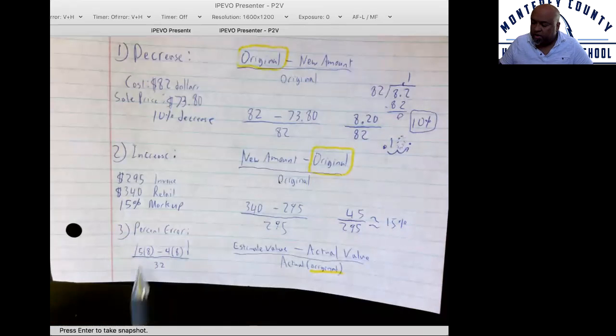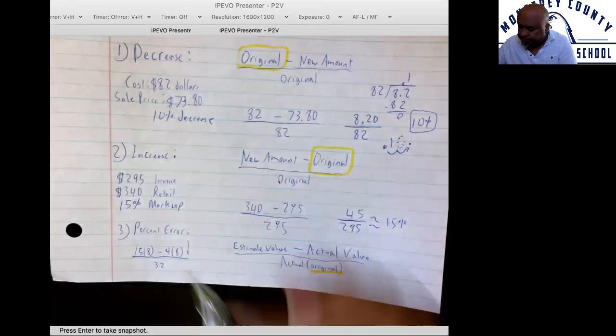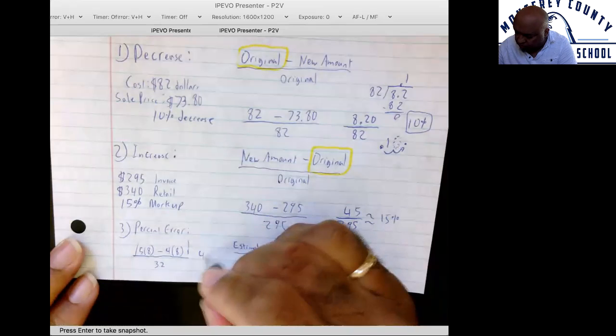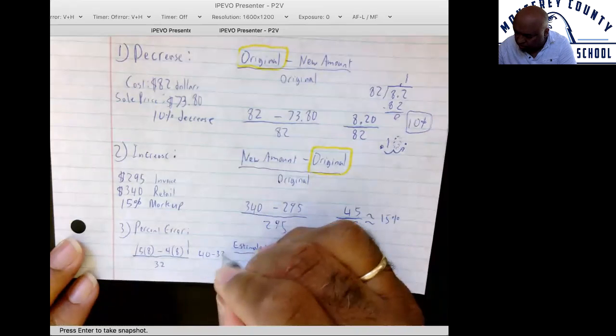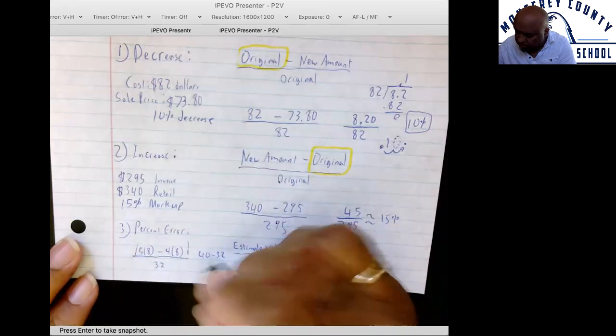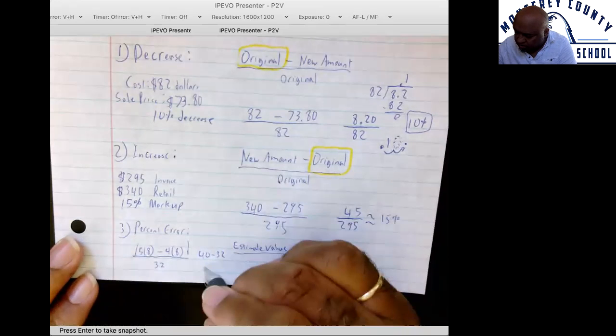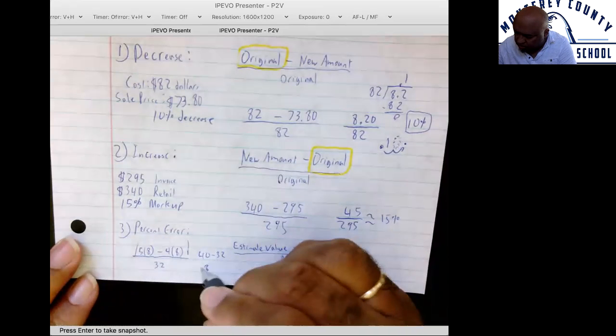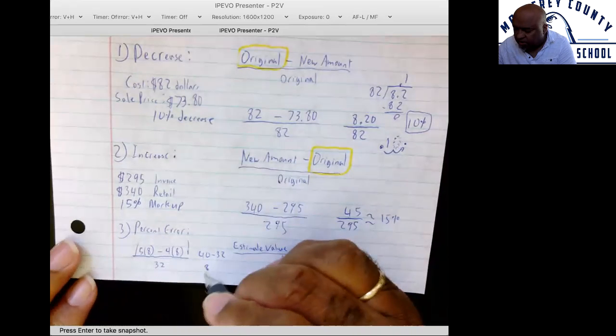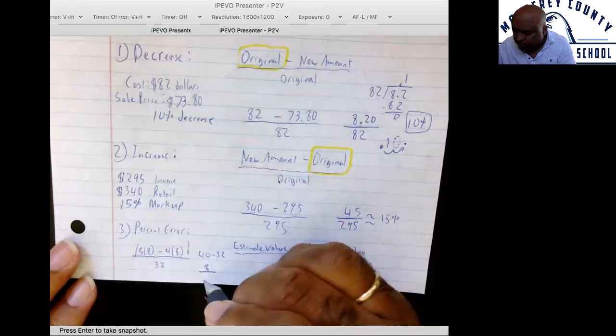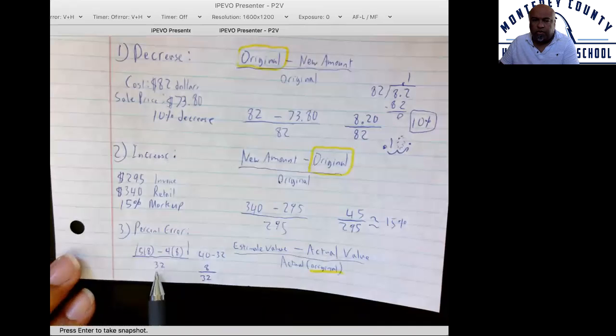So 5 times 8 is 40, and 4 times 8 is 32. So I have 40 minus 32, which is 8. Okay, so that would be 8. And the absolute value of 8 is 8, meaning that it's written as a positive. Now, the value down here, 32, is just the actual value, which is 4 times 8 equals 32.